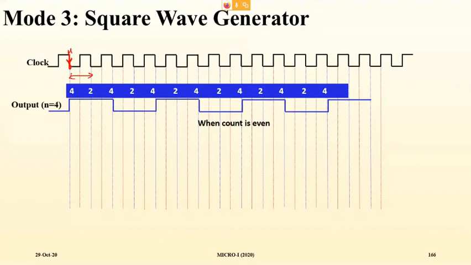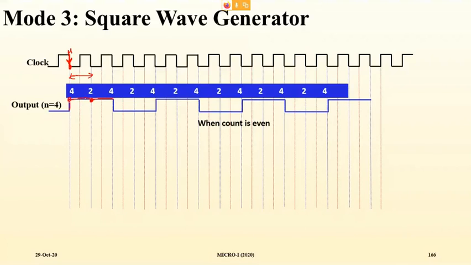So you can see the count starts from 4, then with one clock it decremented by 2, so 4, 2, and then after one clock again it decremented by 2.